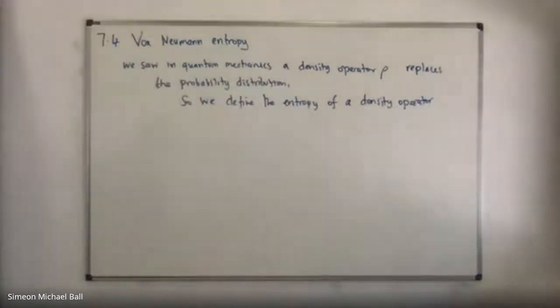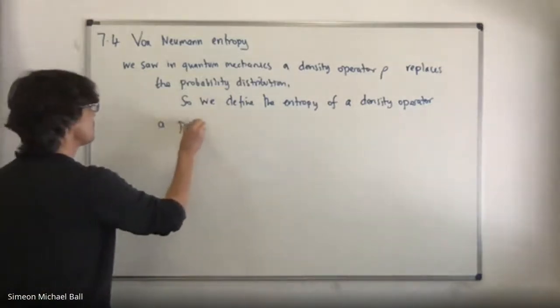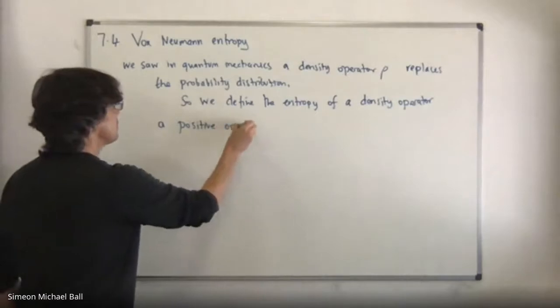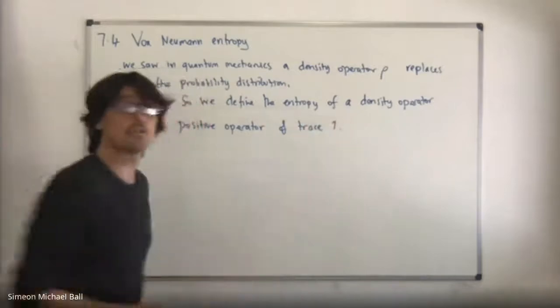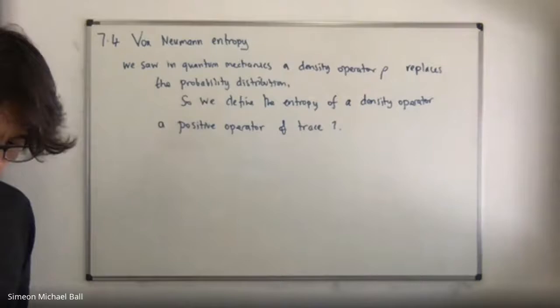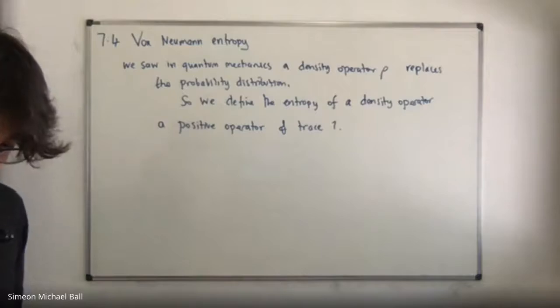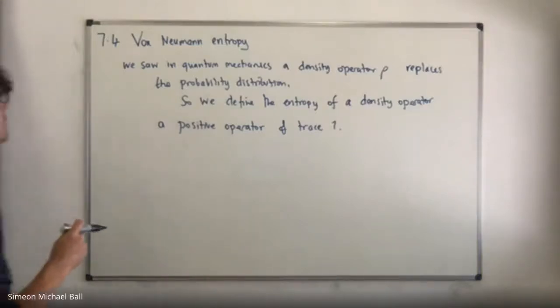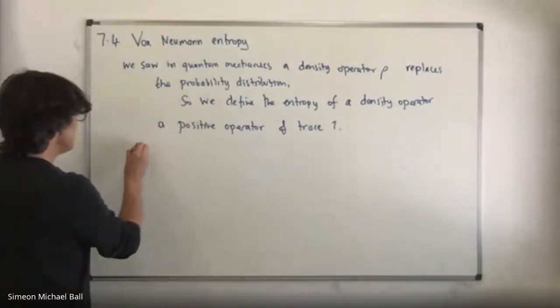So a density operator, if you recall, was a positive operator of trace one, that trace being the sum of the probabilities. So going back, if we're given a density operator, we have to be a little bit careful because it's not a unique decomposition. We proved that a long time ago now. But it does have an orthonormal basis of eigenvectors.